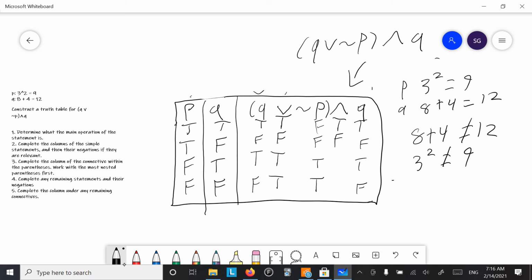Since this is an OR statement, one of those has to be true, and neither is. The disjunction is false. So we automatically know that the conjunction is also false because the disjunction is false. But let's continue. 8 plus 4 does not equal 12, as the Q is also false. So now it comes to false statements, and 8 plus 4 does not equal 12, which is also a false statement. So the conjunction is false.